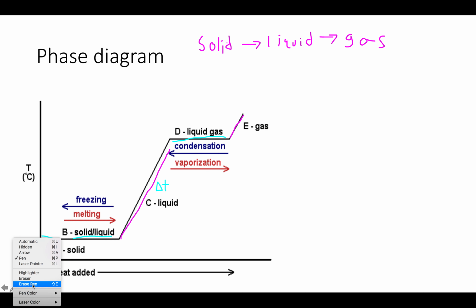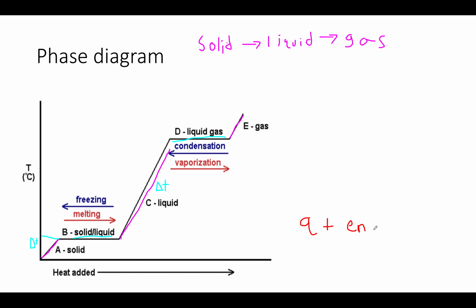So all phase changes occur in this same fashion, solid to liquid to gas. However, you can be going the opposite direction, from a gas to a liquid to a solid. So when you are going from left to right, these changes that are occurring are endothermic, meaning the value for heat is positive. We're adding heat to accomplish these phase changes.